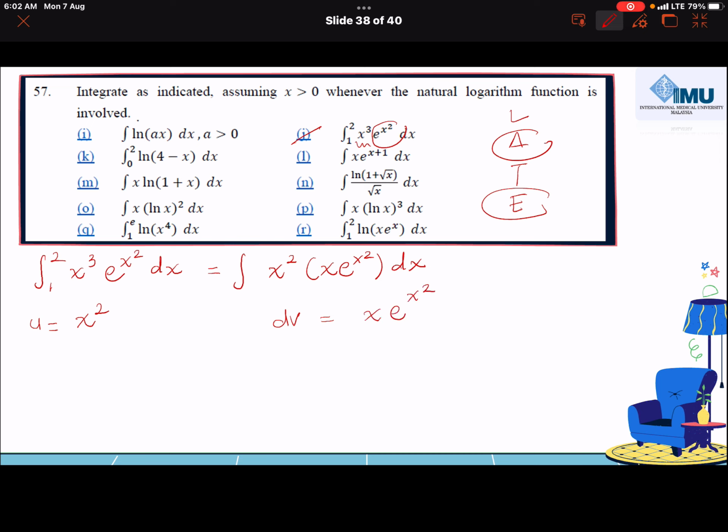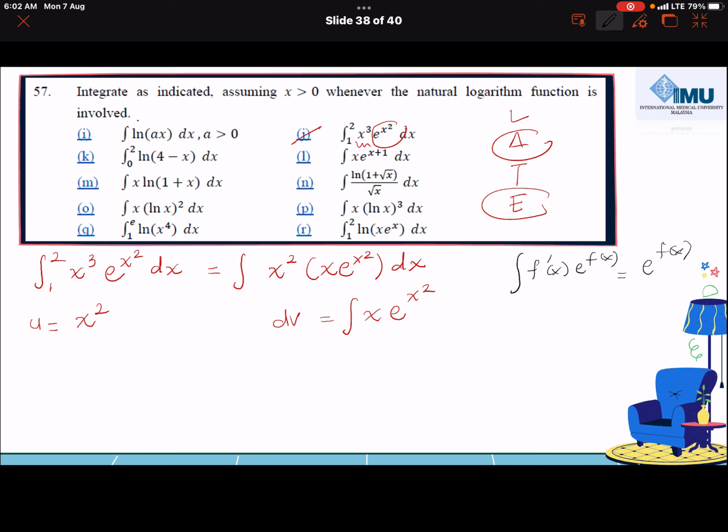Correct. You can directly integrate x e to the x squared by using the recognition method. If you still remember, if you have f prime x times e to the f x, you will get the result e to the f x.